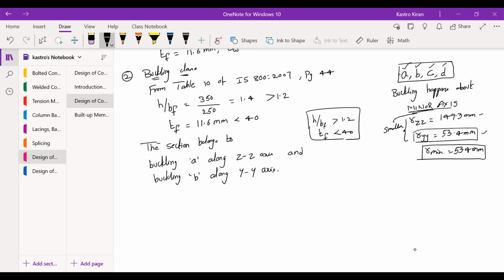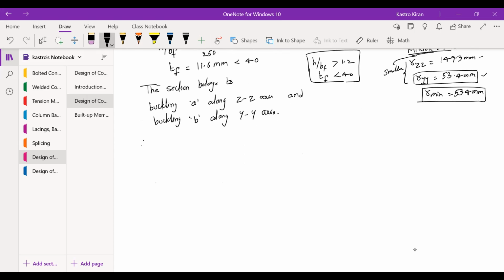So therefore it belongs to the YY axis. That means the buckling happens along the YY axis. So therefore the buckling happens along the minor axis, right? This condition you should always keep in mind. The buckling happens along the minor axis, that is the YY axis, because you have RYY as the lesser value.